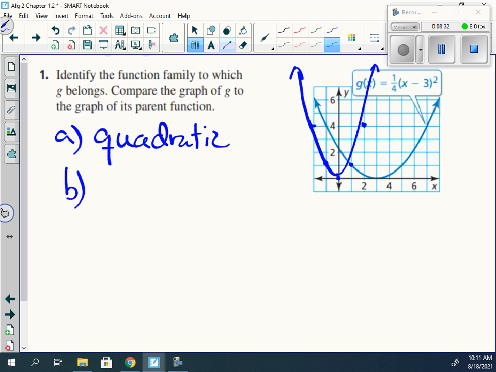So this here would be our parent quadratic function. Well, we know it was moved right, because obviously the whole thing was moved to the right, yes?